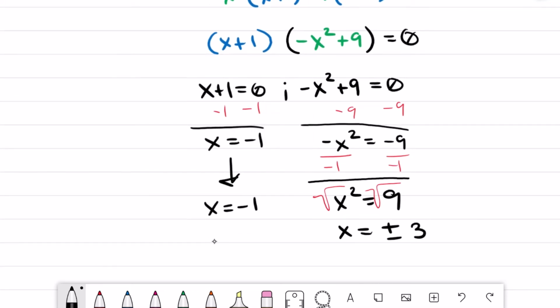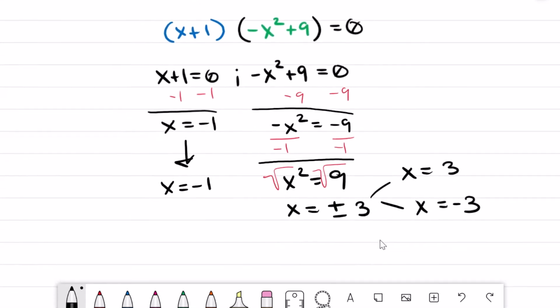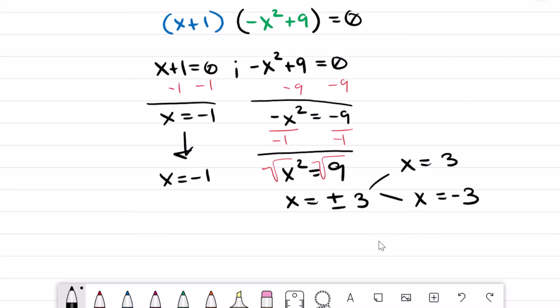I want to make it clear that this is technically 2 solutions. So we have the positive 3, and then we have a negative 3. So we have essentially 3 solutions for this function on where the graph crosses the x-axis.